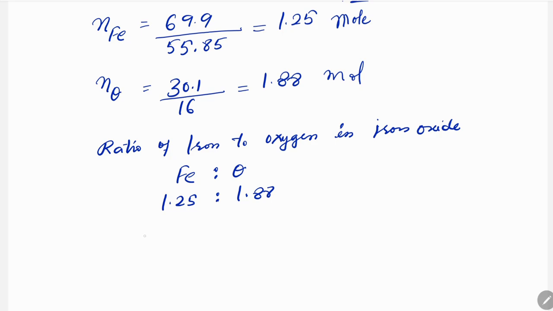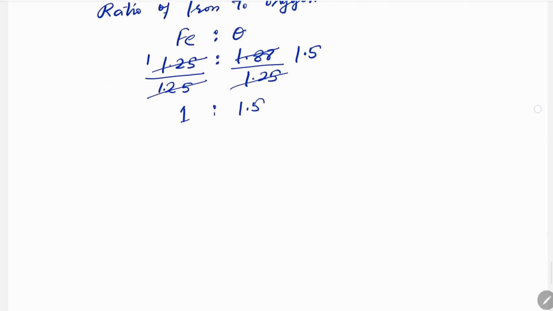What we can do is divide by the lowest number, which is 1.25. We divide both iron and oxygen's ratio by 1.25. The iron ratio comes out to be equal to 1, and the oxygen ratio comes out to be approximately 1.5. So the iron ratio is 1 and oxygen is 1.5.